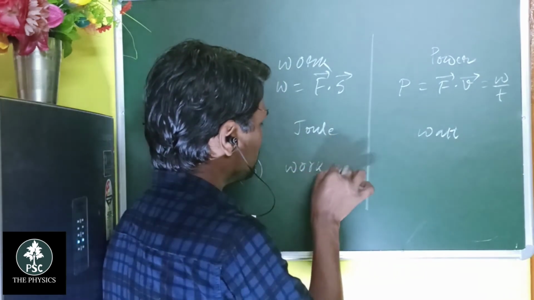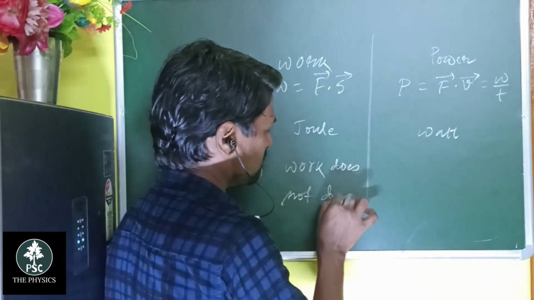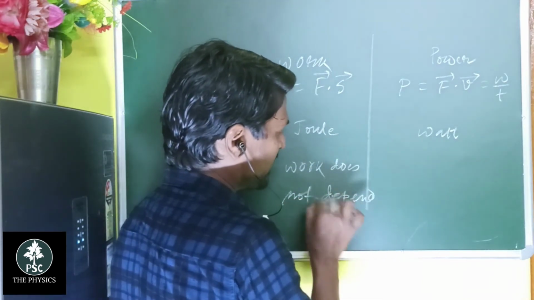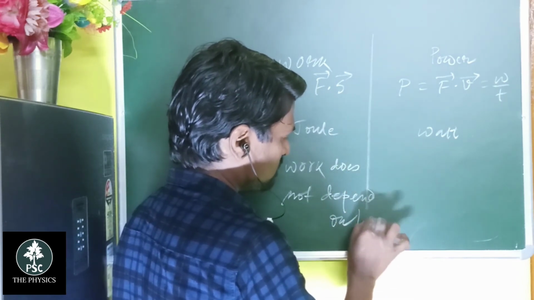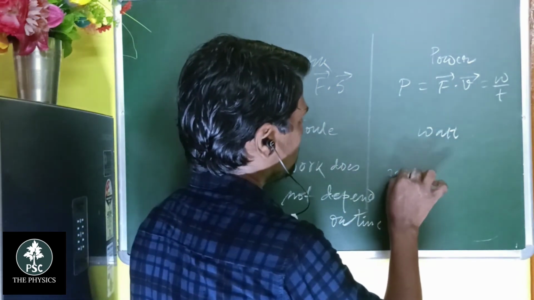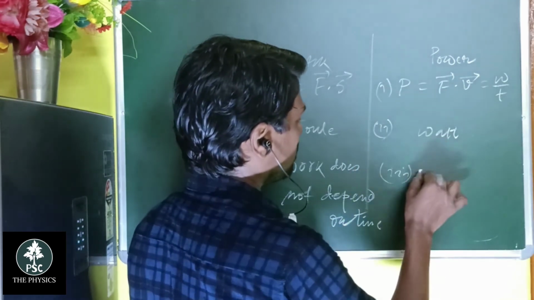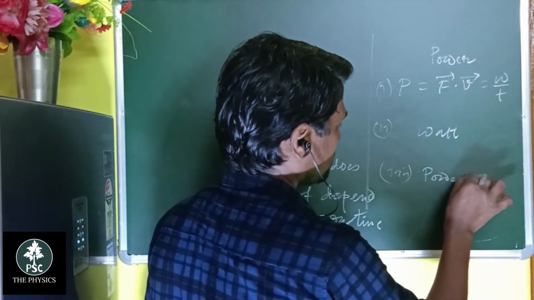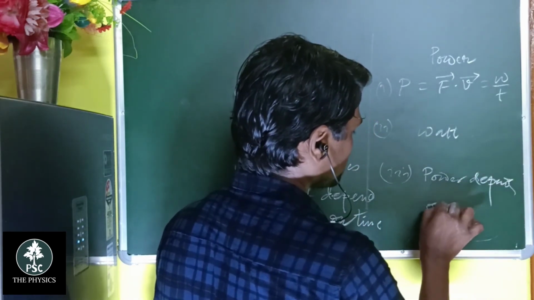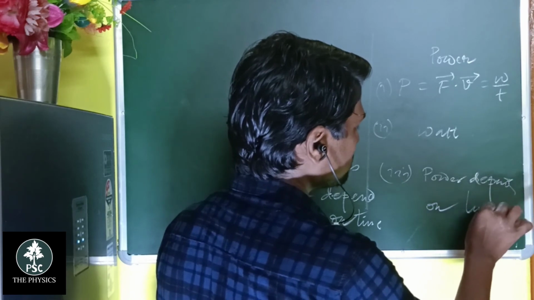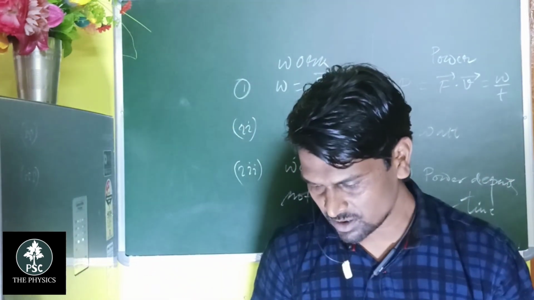Work doesn't depend on time, but the third one, power, depends on time, because it is the rate of doing work. So these are the differences, students.